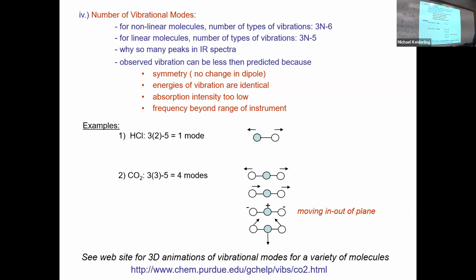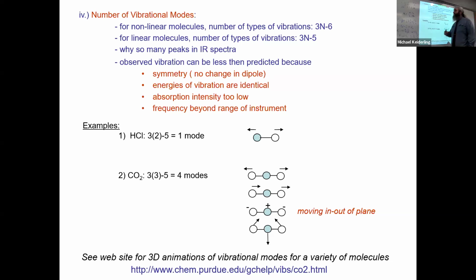So for nonlinear molecules, the number of types of vibrations is 3n minus 6, where n is the number of atoms. For linear, it's 3n minus 5. And this is why there's so many peaks in an IR spectrum, because there's so many vibrational modes.